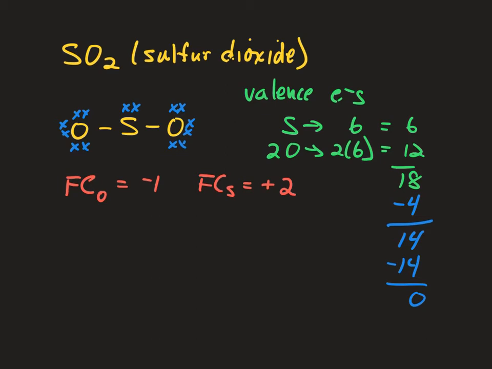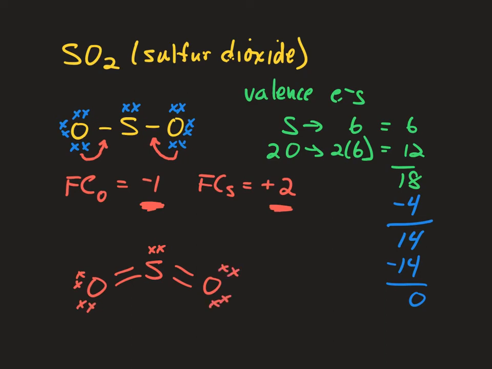Well, one way of reducing a formal charge is to share electrons. So if this oxygen shares a pair, and this oxygen shares a pair, that will reduce the formal charge of both oxygens and also neutralize the positive formal charge of the central sulfur. And so we would end up with a structure like this, where each oxygen retains two unshared pairs, but has a double bond to the sulfur.